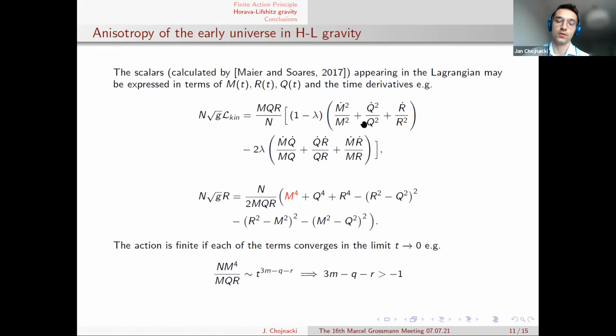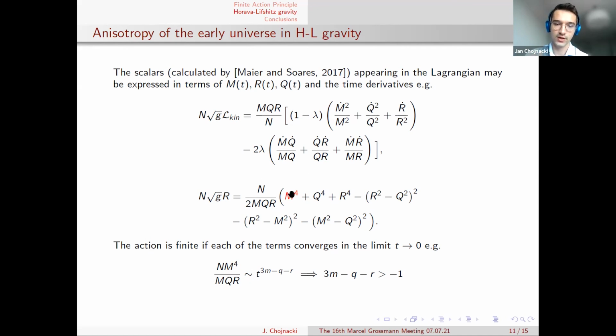Okay, so we may calculate all of the curvature scalars in the minimal theory for this Bianchi-9 metric. It has been done in 2017, and they have this form. So now we should check for every single term whether the limit of t going to 0 is regular or not.